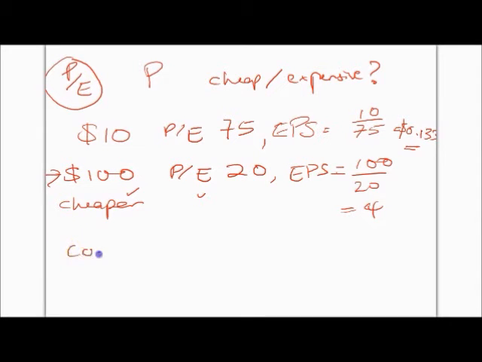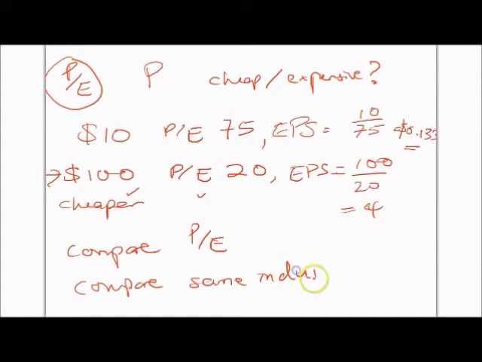We can compare companies using the PE ratios, and it is better suited if we compare companies in the same industry, because certain industries have very phenomenal growth rates.